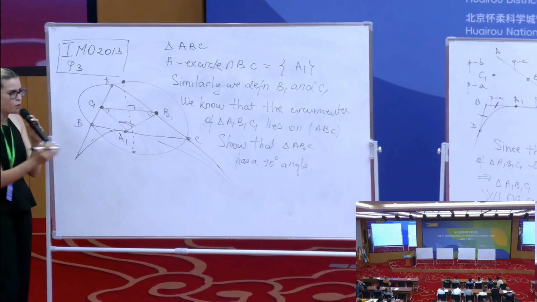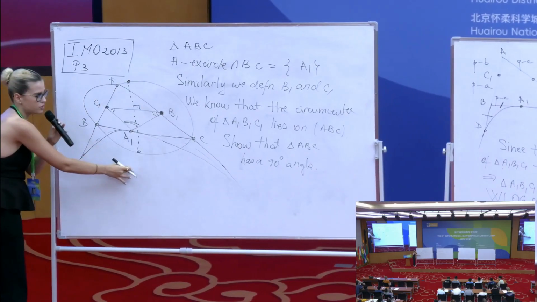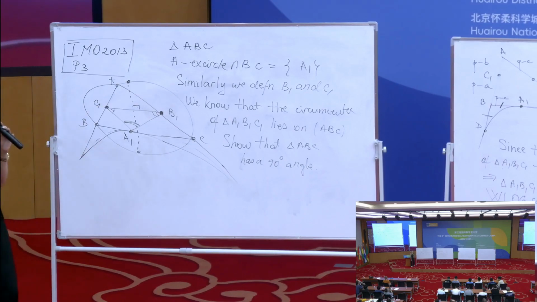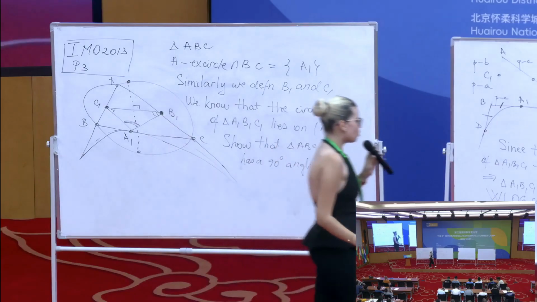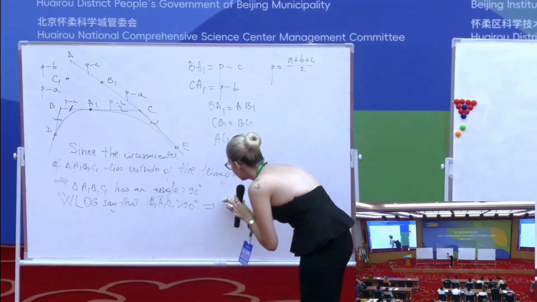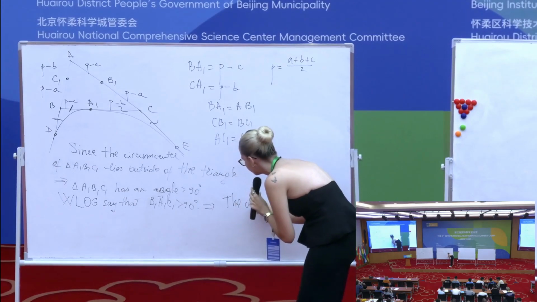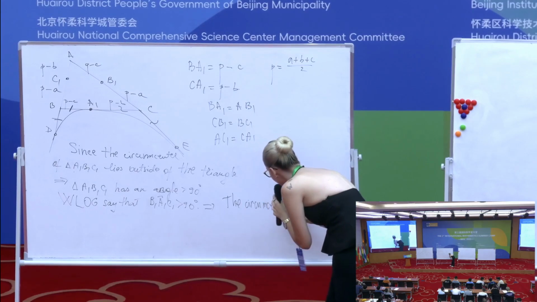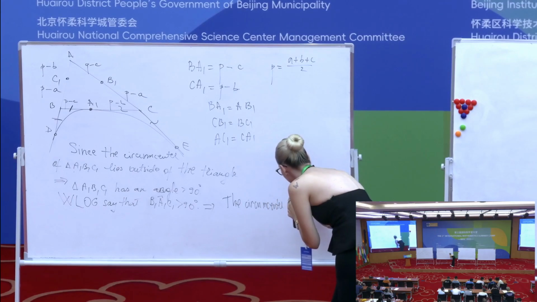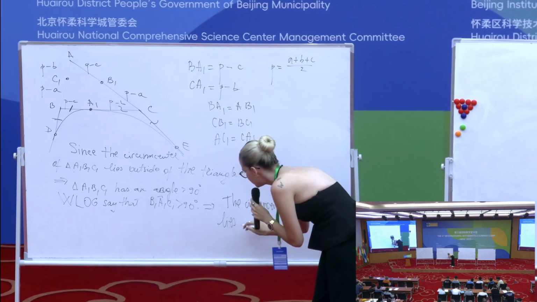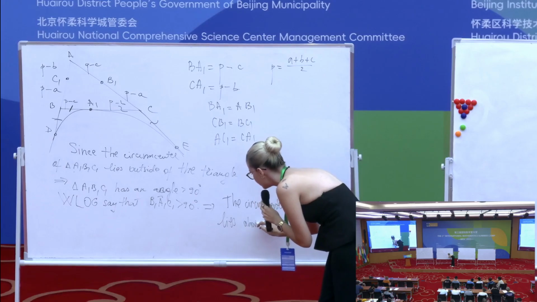We said we have two options, and the only option left is the one above B1C1. So it follows that the circumcenter of the triangle A1B1C1 lies above B1C1.